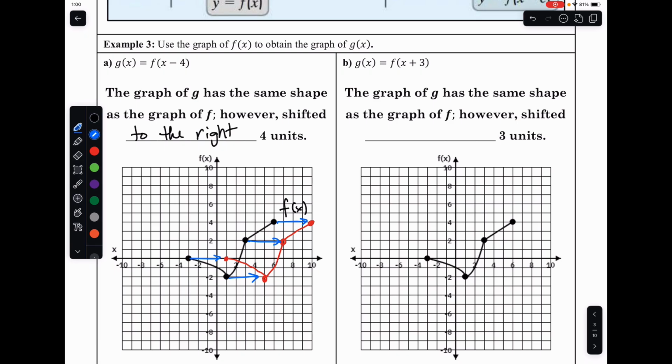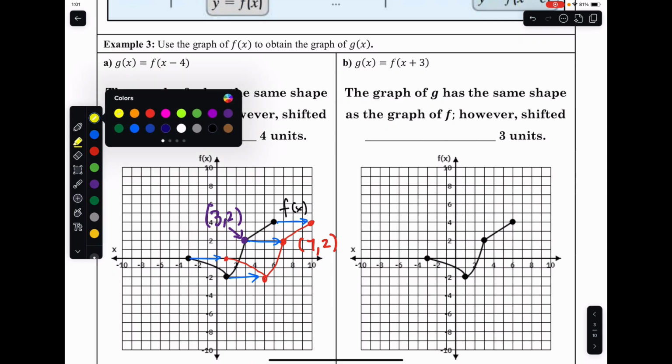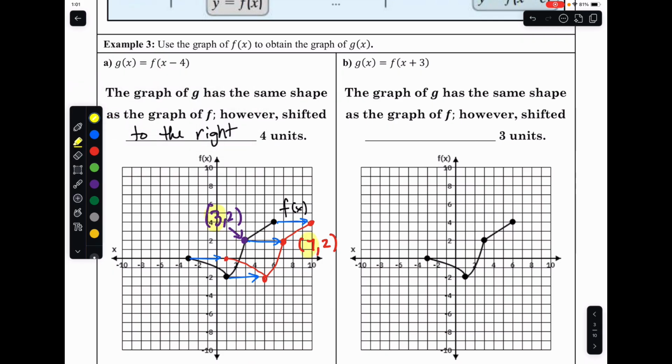Now look at this. This is very interesting. If I look at a point, let's say this point right there, where the x value is 3 and the y value is 2, and I compare it to where it moved, to this position right there, the x value is 7 and the y value is still 2. Look at the x values. Look how the x values change from a positive 3 to a positive 7.